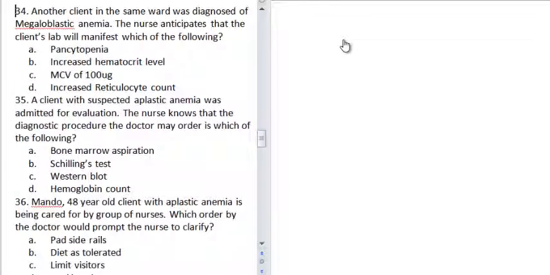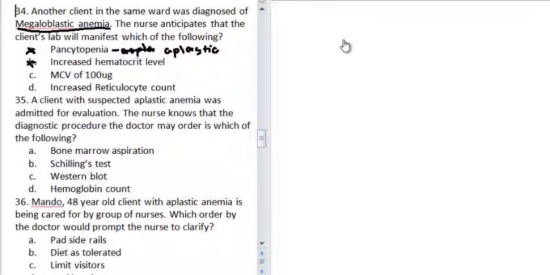Next, number 34. The client in the same ward was diagnosed with megaloblastic anemia. The nurse anticipates that the client's laboratory will manifest which of the following? Pancytopenia is seen in a patient who has aplastic anemia, so eliminate A. Eliminate B because increased hematocrit does not indicate anemia.